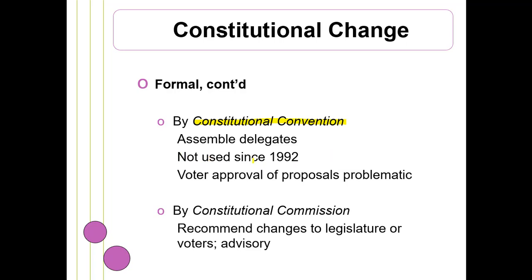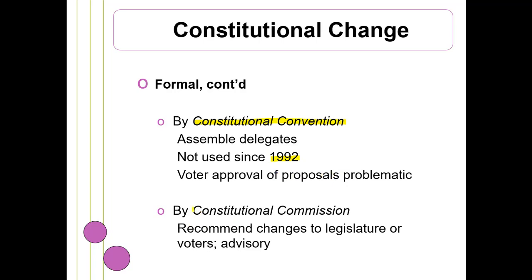And that hasn't been used in any states since '92. The voter approval of these proposals is somewhat problematic as far as voter turnout and trying to get the word out as to the detail in what's in these amendments, that sort of thing.